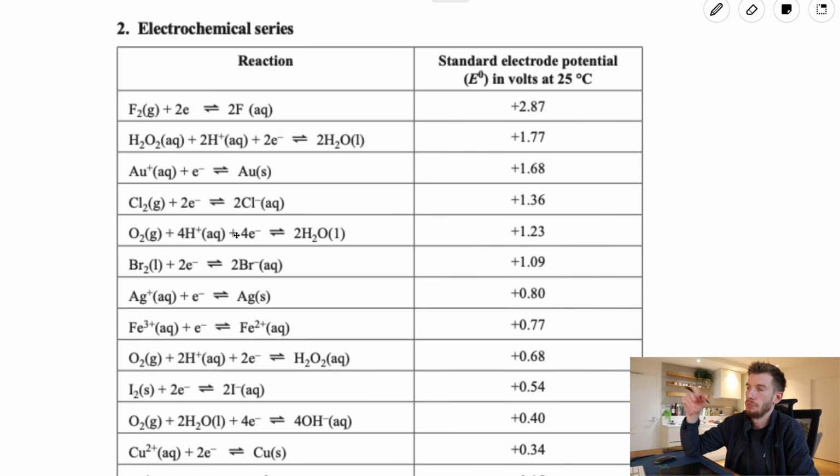And we're isolating them, and you'll notice that every time the electrons are always written on the left side of the arrows, right? So what this means is that the electrons are a reactant, and therefore when you go forwards, you are combining electrons with the other reactant. And so that means that you're gaining electrons, which is reduction.